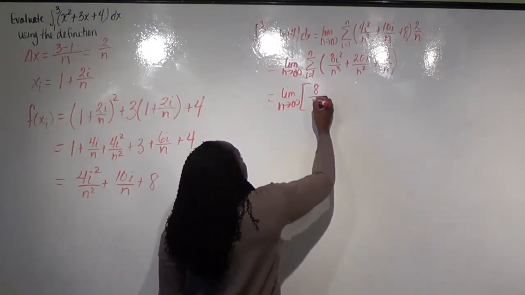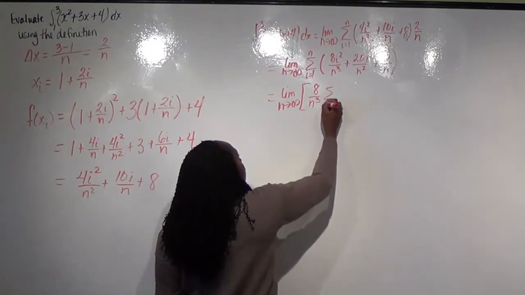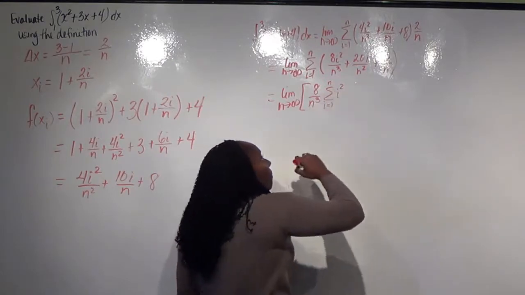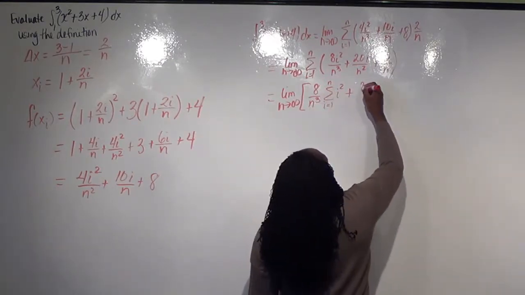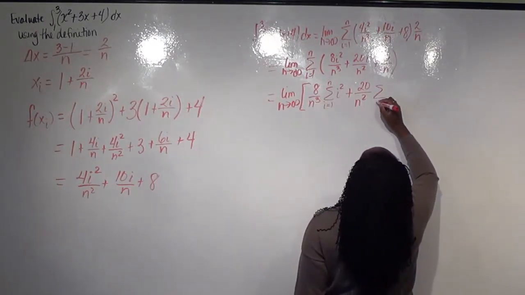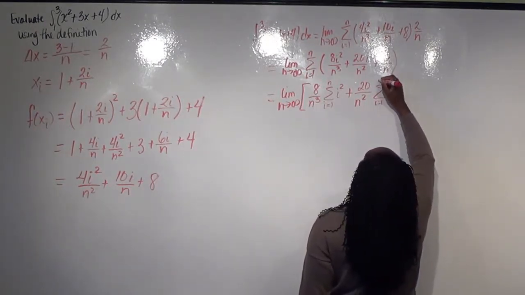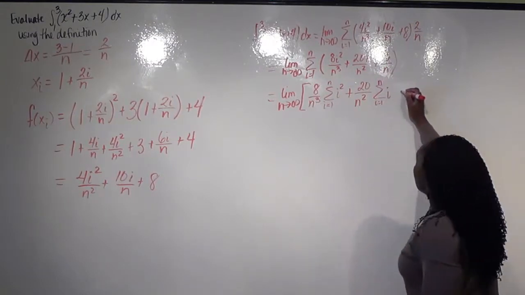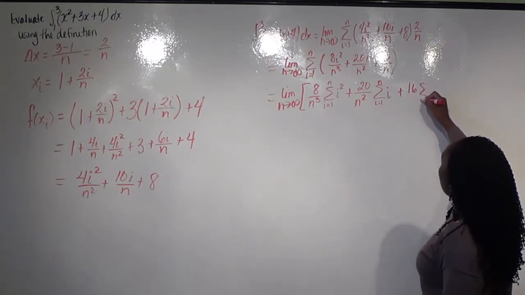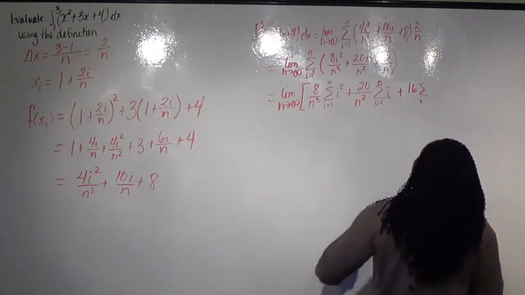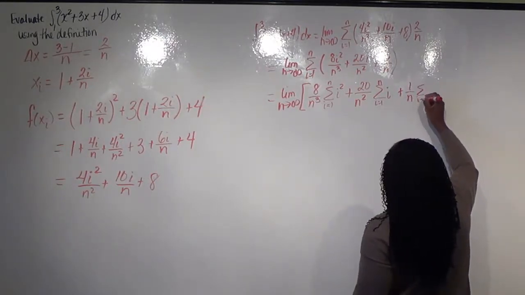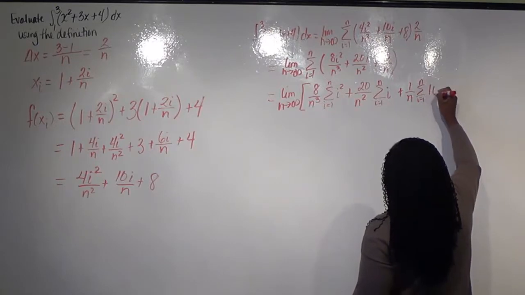So we'll get an 8 over n cubed times our summation for i squared plus a 20 over n squared times our summation for i plus the 16 times our summation, that's backwards, 1 over n times our summation for 16.